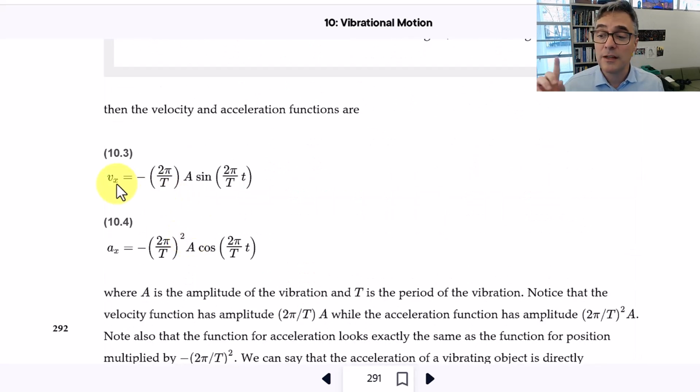It turns out the velocity is some constant times a sine of 2 pi over T times t, and the acceleration is again some constant times A times cosine. So they're all these sort of either cosine or sine of the same thing, 2 pi over T times time. And all that's different are these different constants out front.